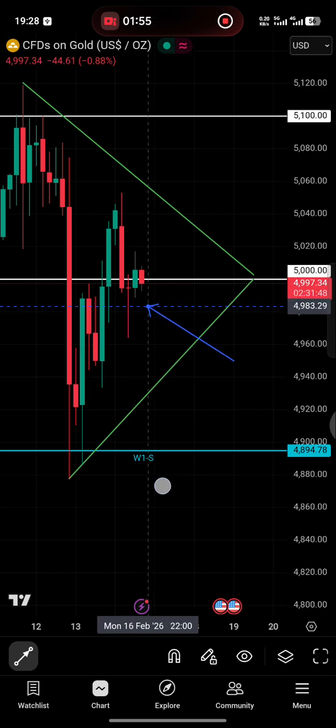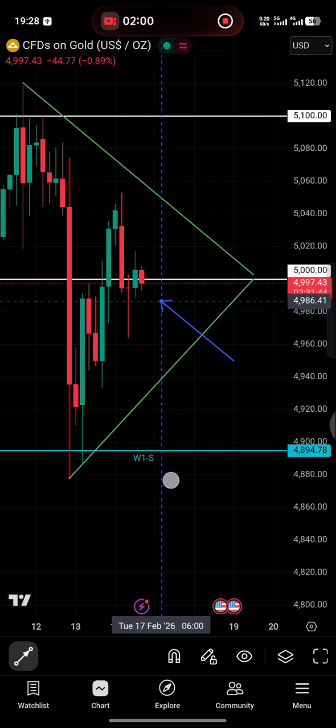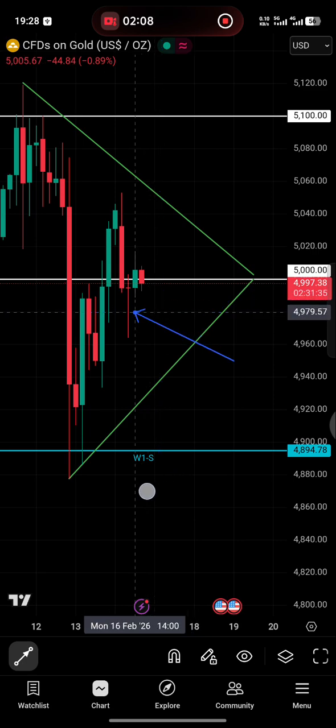But as I've told you, I don't play on too low of a time frame, because with too low of a time frame, sometimes you can go against the trend on a higher time frame, right? So my preferred choice would be at least the 4-hour time frame.